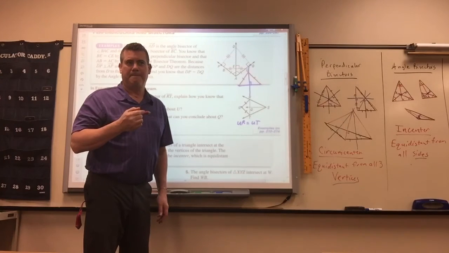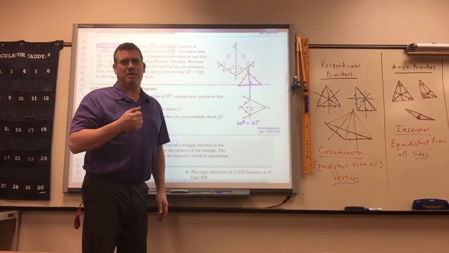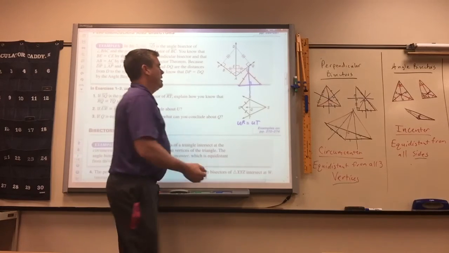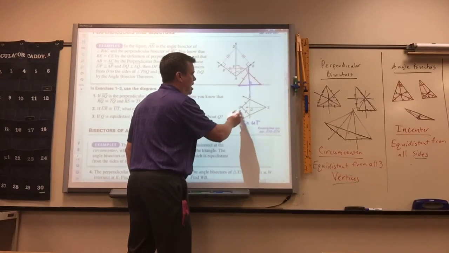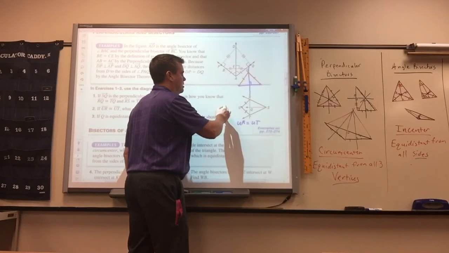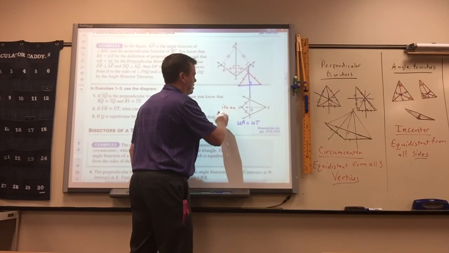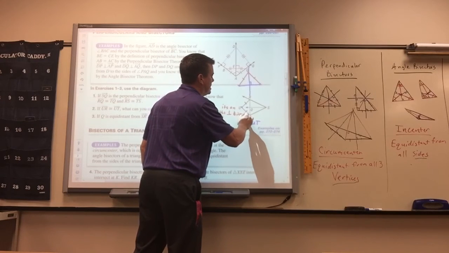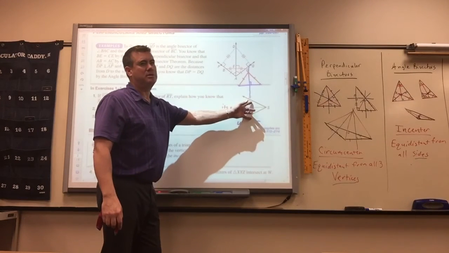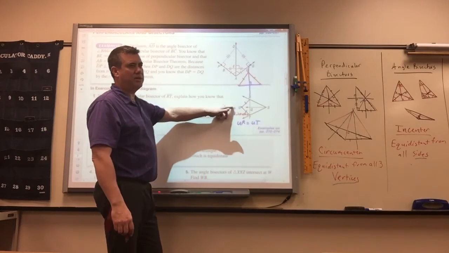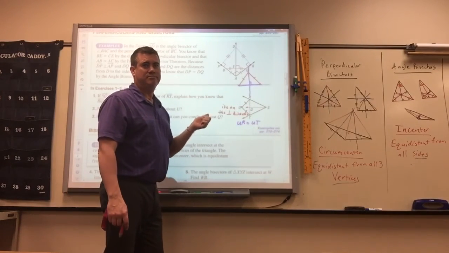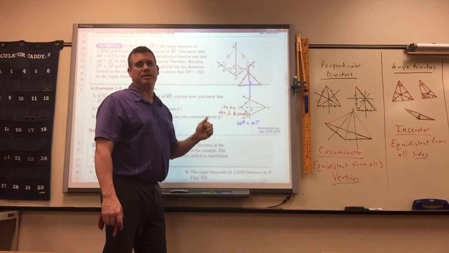It's the middle, that lies on the perpendicular bisector. That means it is on the perpendicular bisector. If something is equidistant from 2 other points, even though the line's not continued on there, that means it is on the perpendicular bisector. That same exact question's on the test.